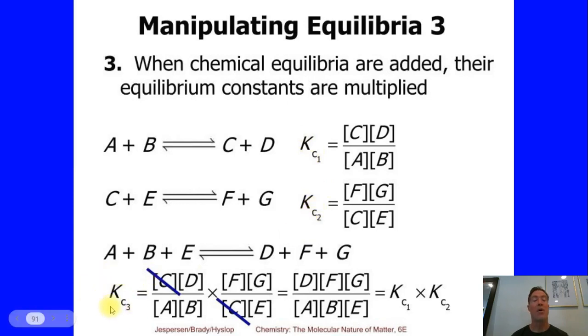So the K value of all the steps added together is going to be the two K values multiplied together, not added together, multiplied together.